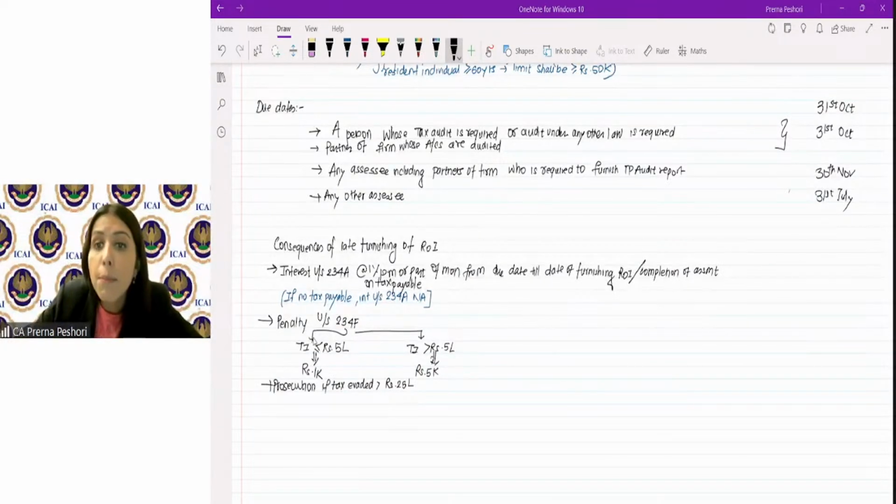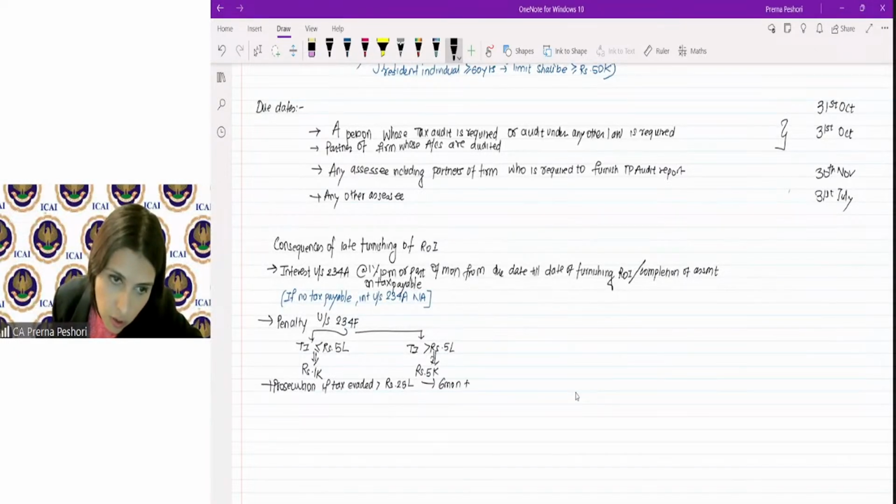Then there could be prosecution which can be initiated by imposition of fine, and there can be prosecution of 6 months to 7 years. So, 6 months to 7 years of jail you can have.